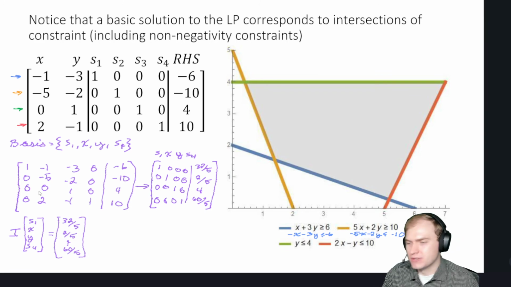But then an identity matrix times a vector just leaves the vector. So that is our solution that we get.